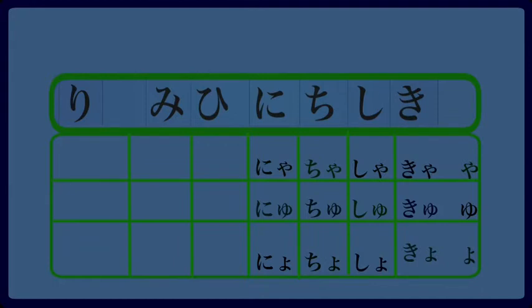In the hi column, hi with a little ya would be hya. Hi with a little yu would be hyu. And hi with a little yo would become hyo.